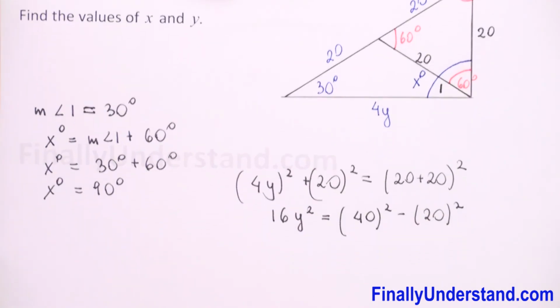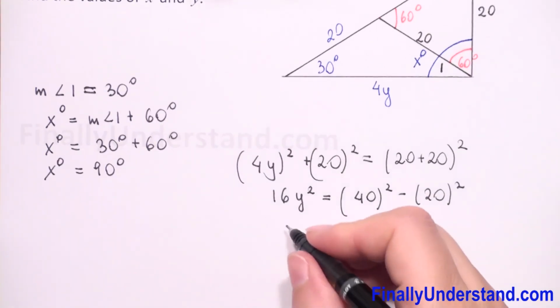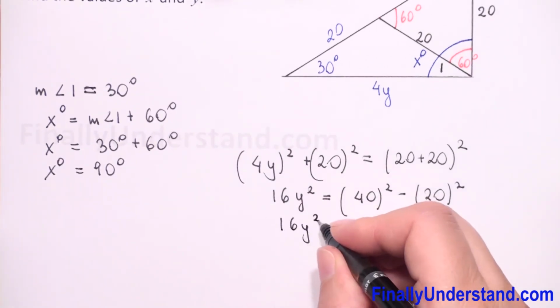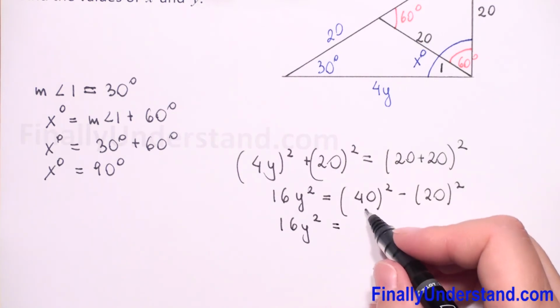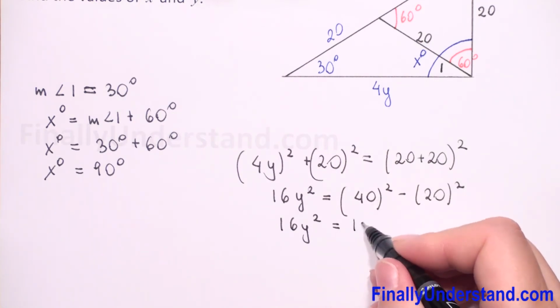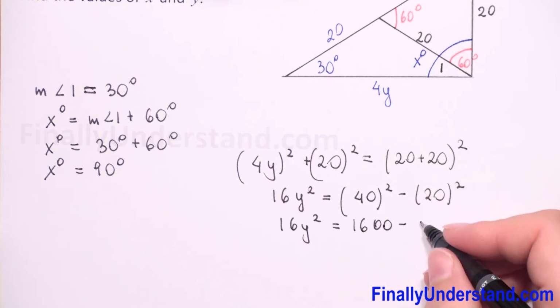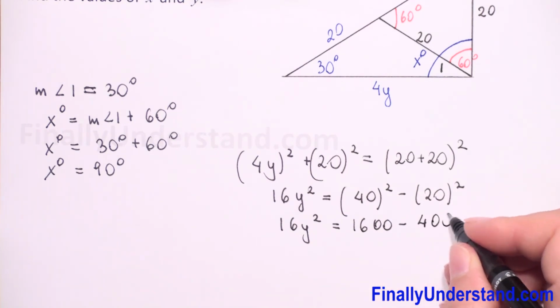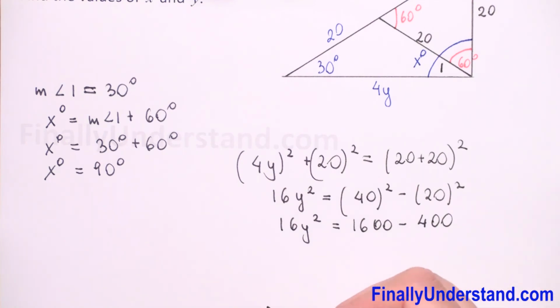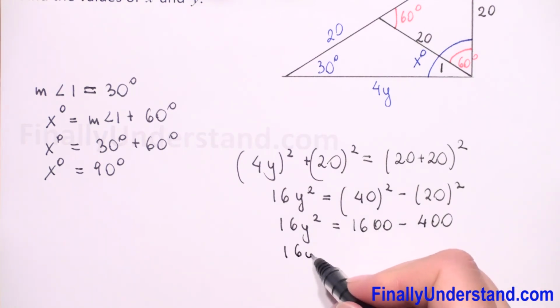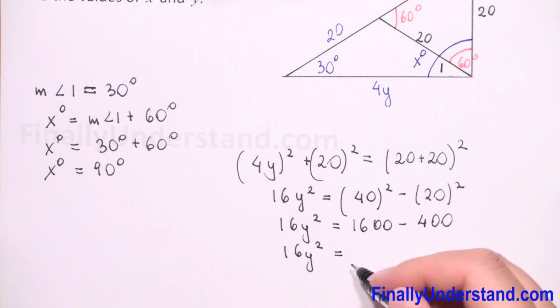So we have that 16y squared is equal to 40 to the second power, which is 1600, minus 20 to the second power, which is 400.